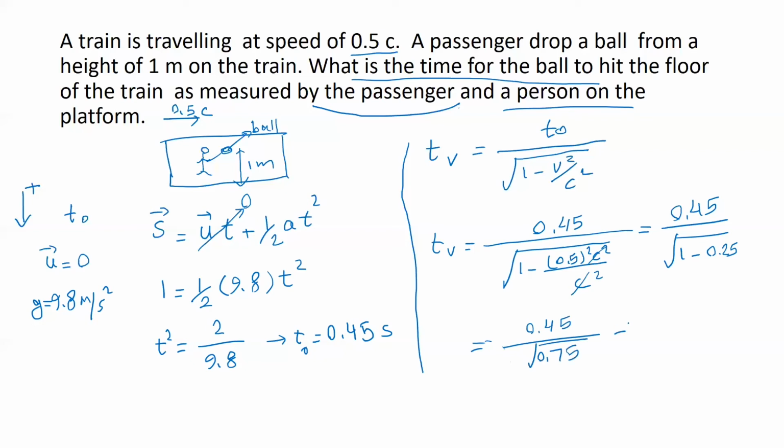As a result, TV is equal to 0.52 second. As you can see, the time is dilated. Here it was 0.45 second, and here 0.52 second.